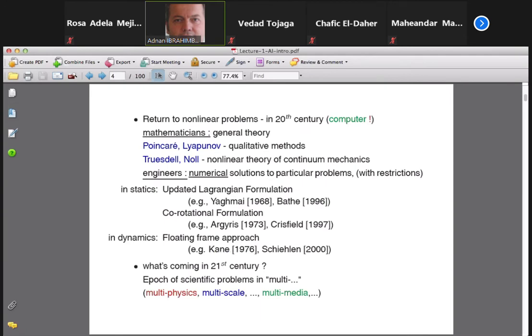Now, in the 20th century, there was really lots of work on nonlinear problems. And first, we had the so-called qualitative methods written by mathematicians. So in France, the most famous name is Poincaré, who studied stability of motion. And in Russia, it was Lyapunov. What did they decide? That basically instability is a phenomenon that can be controlled by a certain quality of motions.